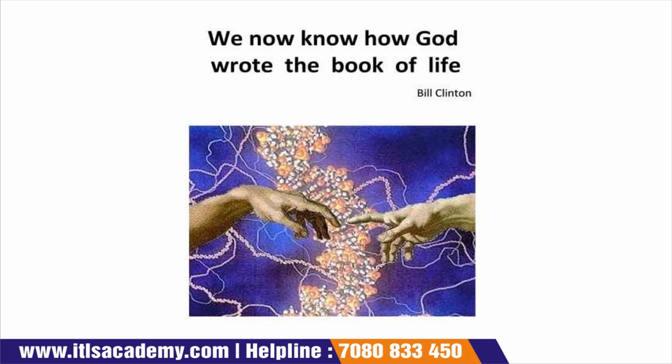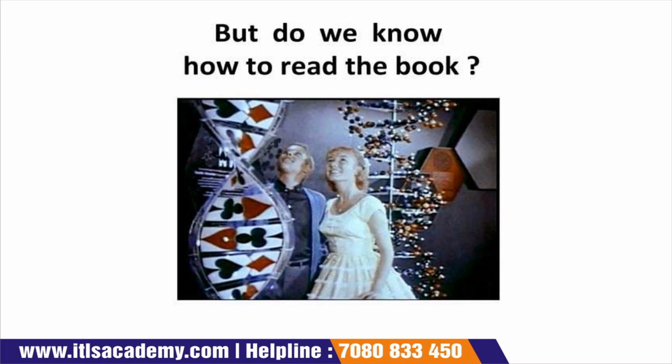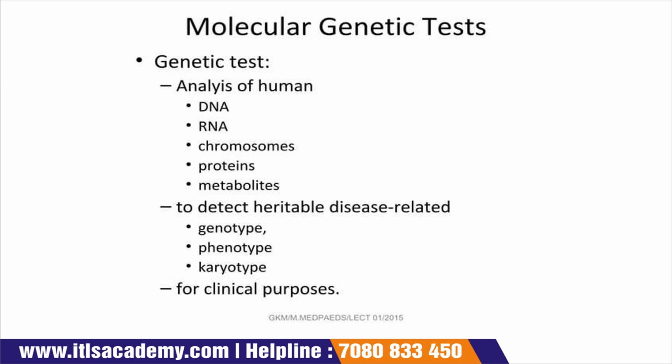Now this is written: we know how God wrote the book of life. This is a quotation from Bill Clinton. But do we know how to read the book? We all know that the book was created by God, but do we know how to read that book? So, molecular genetic test.